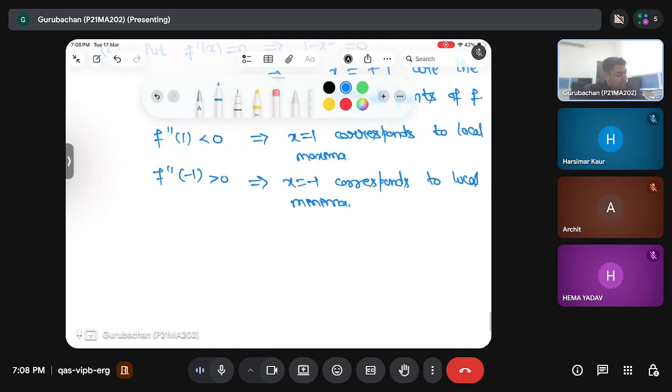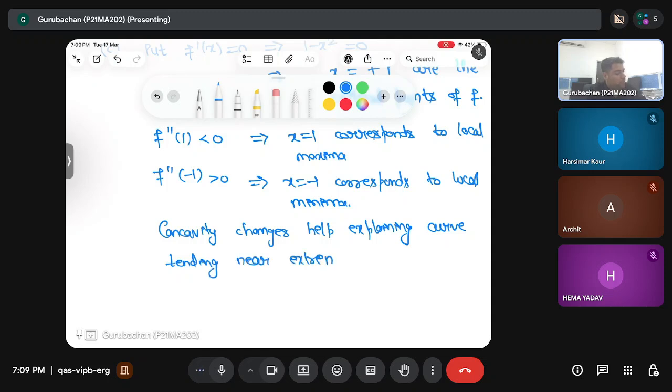So next is how it is relating with the concavity. Concavity changes help in explaining the curve's tendency near extrema.